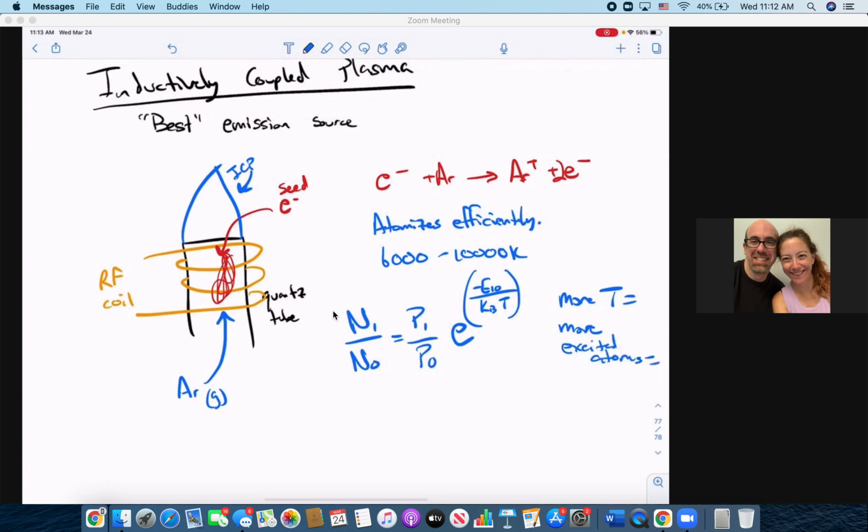And that equals more signal, in this case, for emission, right? The emission's coming from an excited state to a lower state, so I need N1 over N0 to be a large value, right? Does that make sense? That's one of those intuitive steps you have to grasp before you move forward. So if you're totally lost, now is the time.